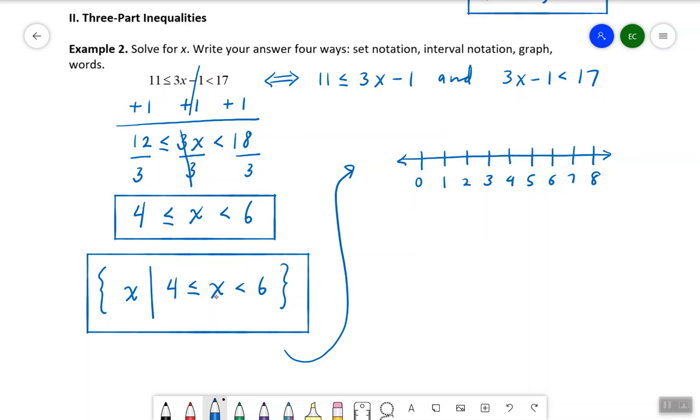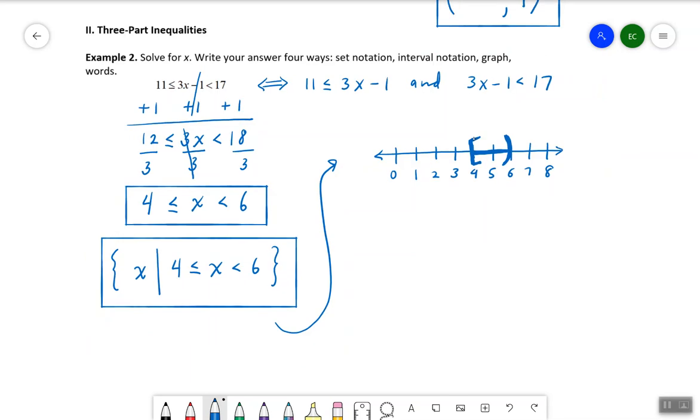This says x is between 4 and 6. It says 4 is less than or equal to x. So that means that x is bigger than 4. That means the values of x are to the right of 4. And the values of x are smaller than 6.